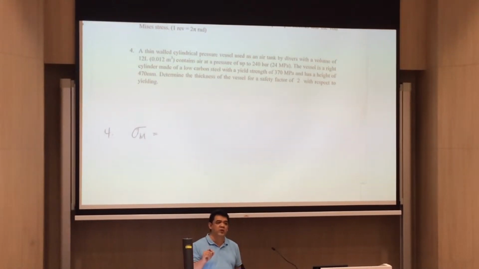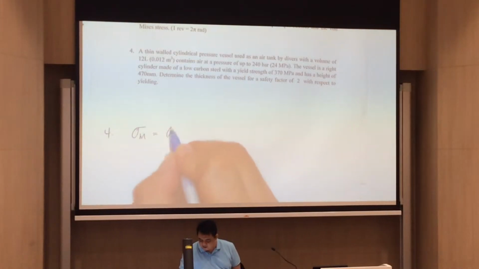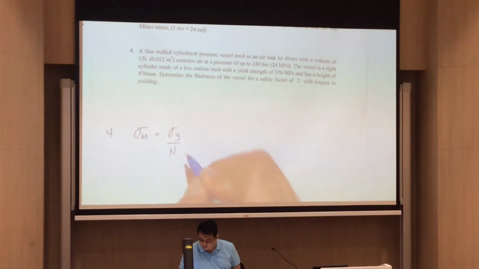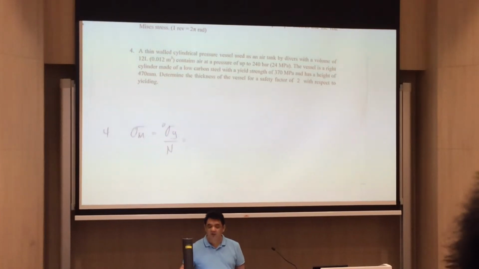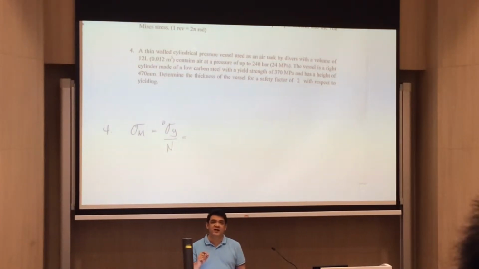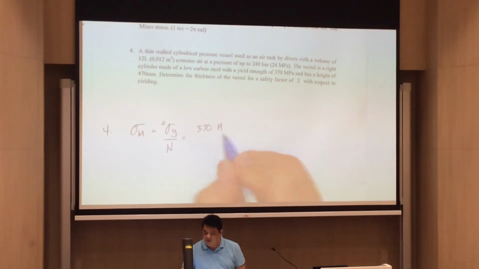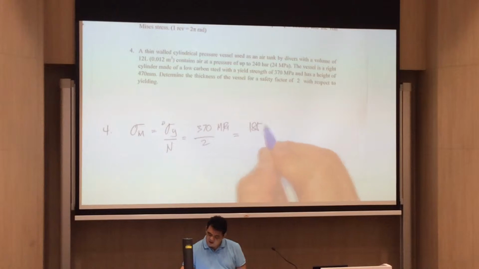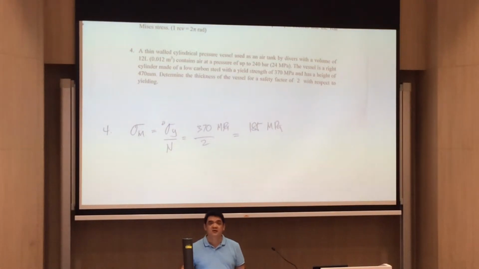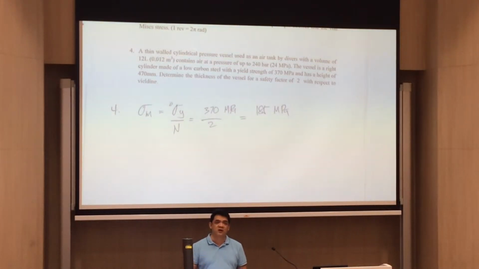So I'm going to equate that von Mises stress to that yield strength divided by a safety factor. So this one is 370 megapascal divided by 2. So I have now here 185 megapascal. Okay, so that's my target now.